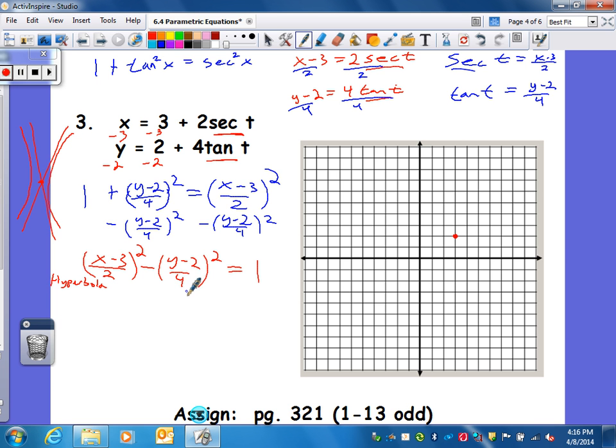This one right here gives the distances we're going to go out from our center point. So we go horizontal 2, and then we go vertical 4. If you look, we made a little box.